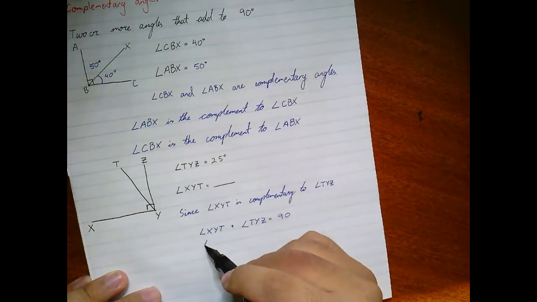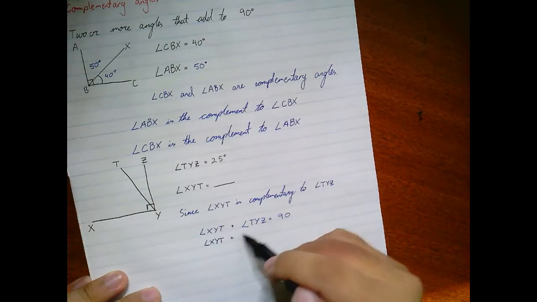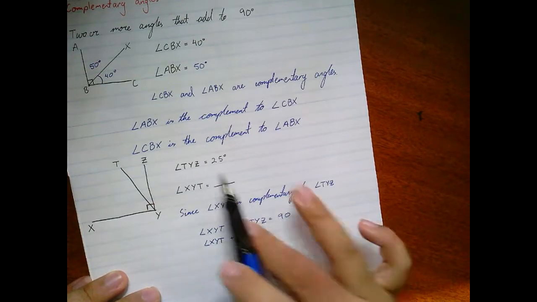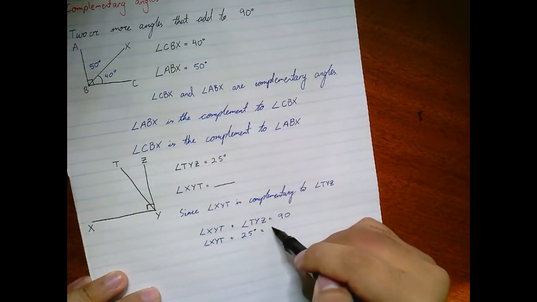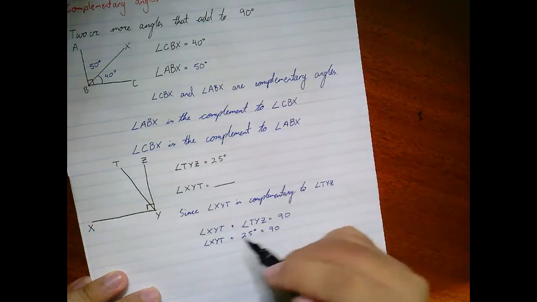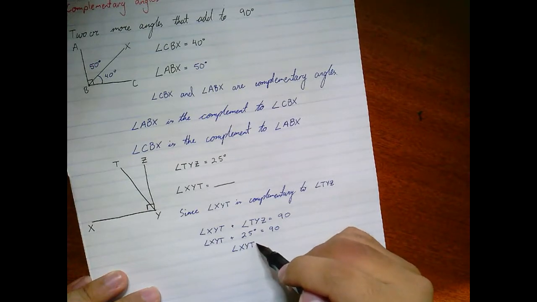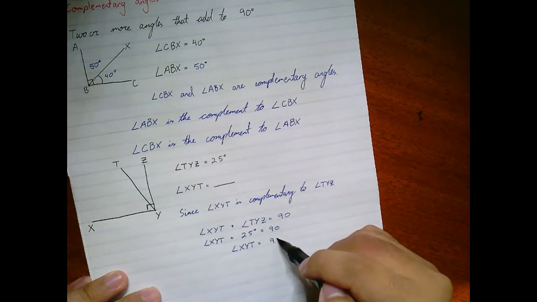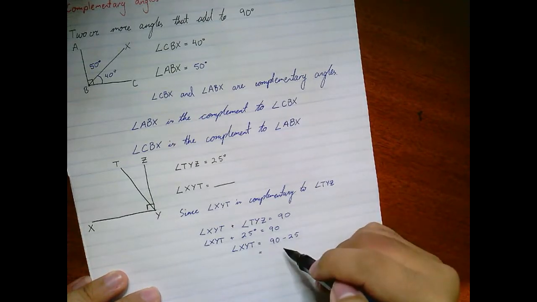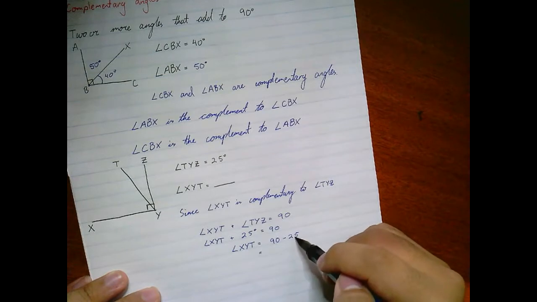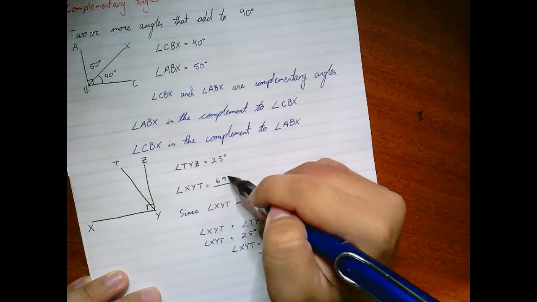X, y, t stays the same, but we know the value of t, y, z. T, y, z is 25 degrees. So we can say angle x, y, t is equal to 90 take away 25, which will give us 65 degrees. So that is 65 degrees.